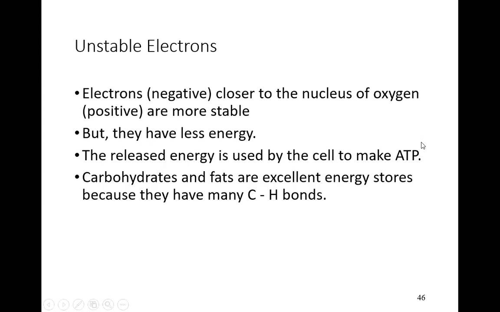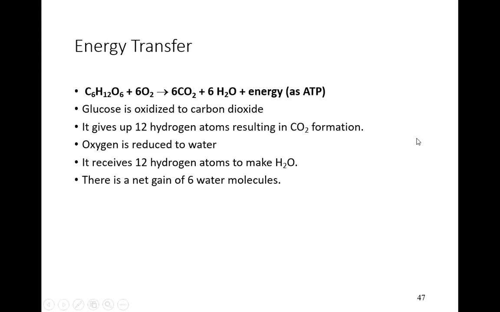Now, the formula for cellular respiration is this: C6H12O6, that's glucose, in the presence of 6 oxygens, will give you 6 carbon dioxides. It will give you 6 waters. We saw that with the beaker.